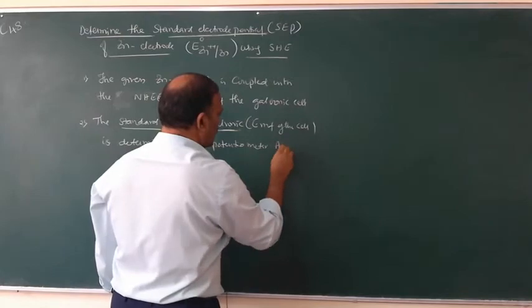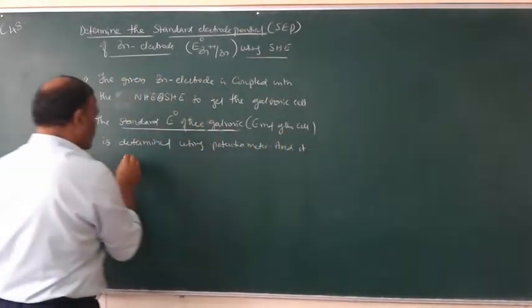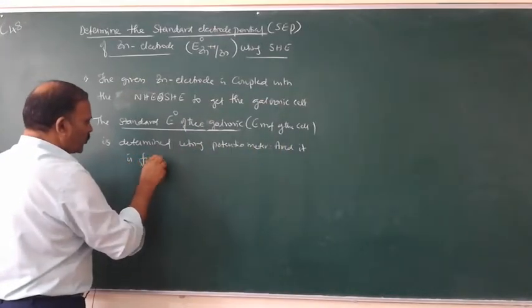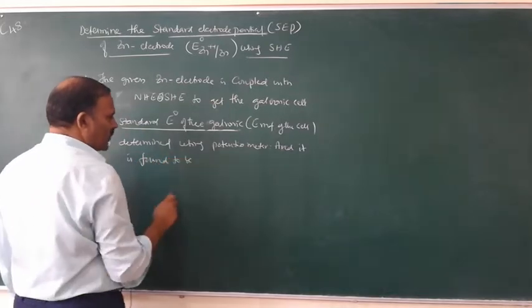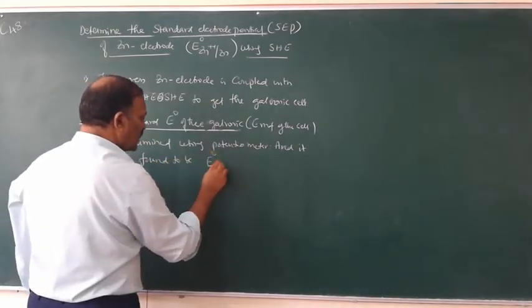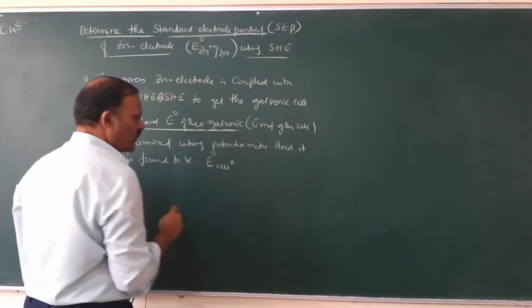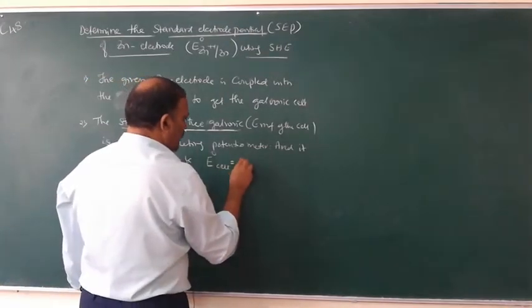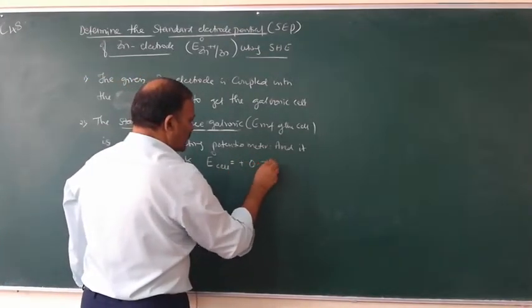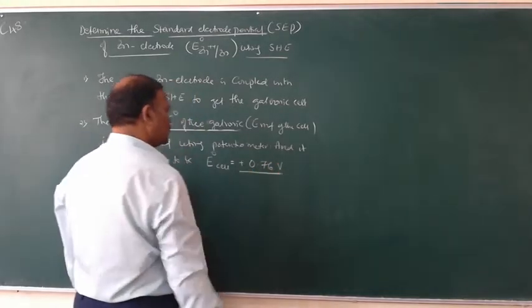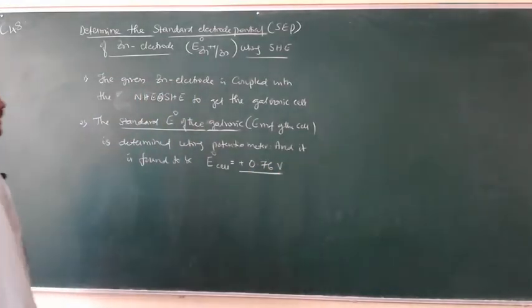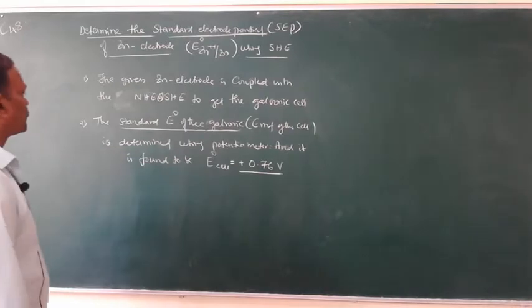And it is found to be, that is E naught cell is found to be plus 0.76 volt.